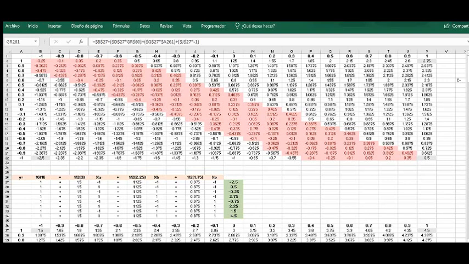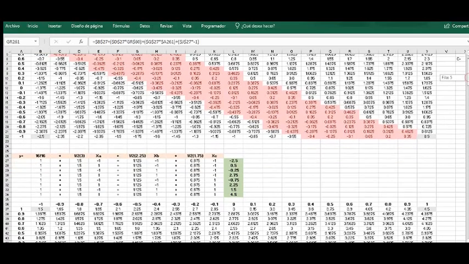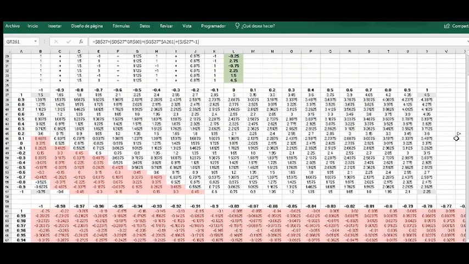In this case, because we are working with 3 factors, but Excel does not have the ability to plot in 3D, we have to establish 2 cases. One, when C is minus, that corresponds to these 4 cases, and another case where C is plus, that corresponds to these other 4 cases.